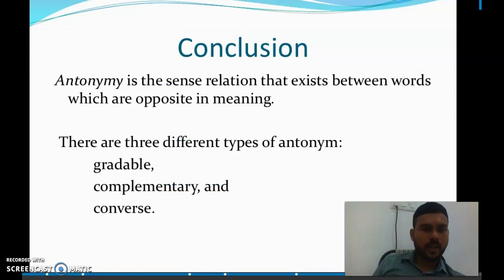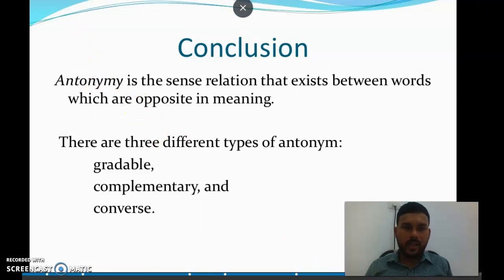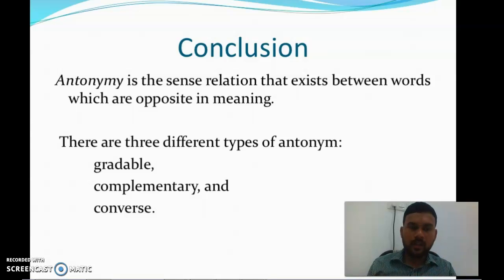Now the conclusion that I would like to give is that antonym is a sense of relation that exists between words which are opposite in meaning. There are actually not just 3 types. Absolute antonym should also be added.